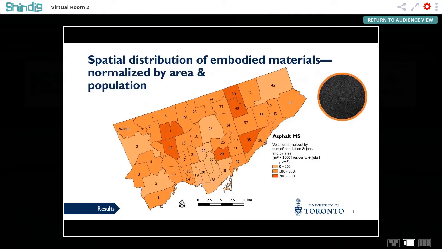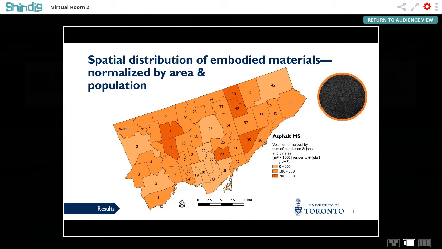Turning now to the third research question that we were looking at, which concerned the spatial distribution of embodied materials. Here we present the spatial distribution of what are effectively material intensities of asphalt. Material intensities are very common in this type of work and are typically normalized on a surface area basis.